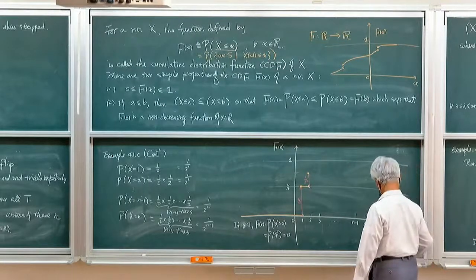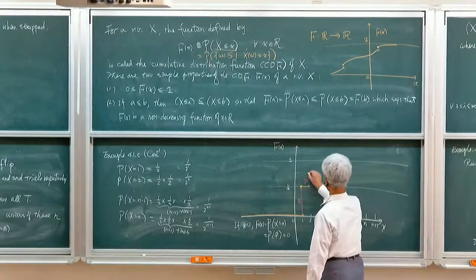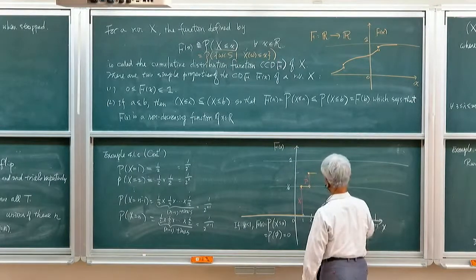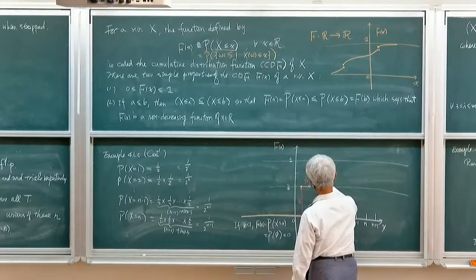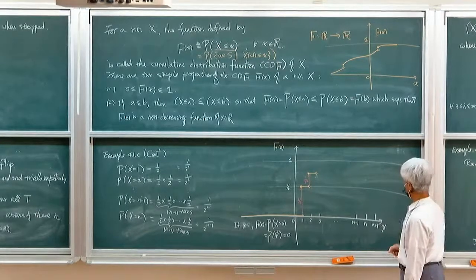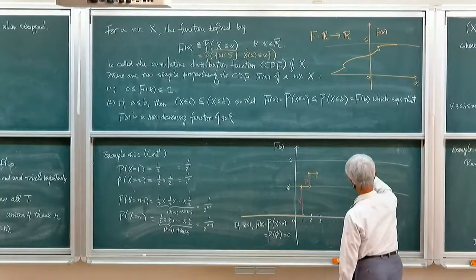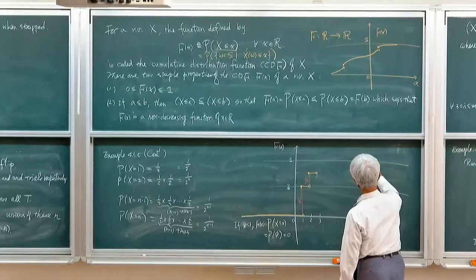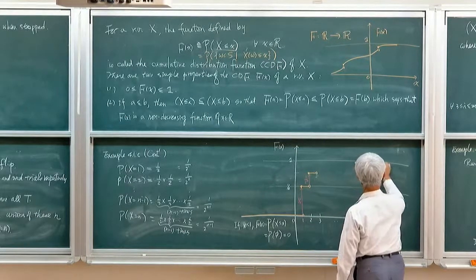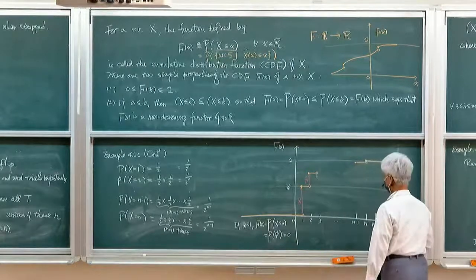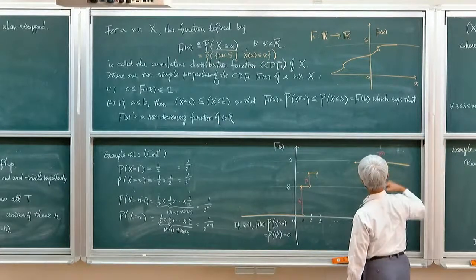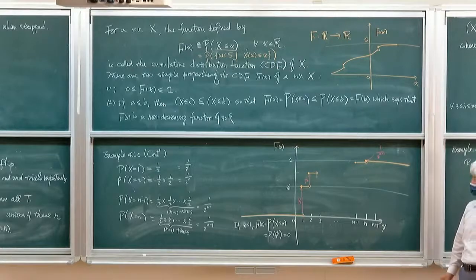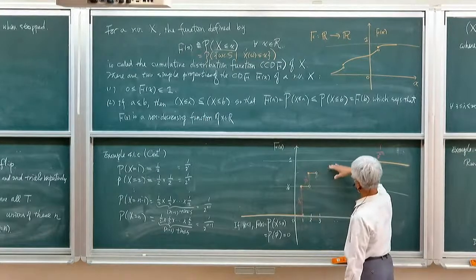You retain the same value up to here, and then from here you go up again, finally reaching 1, and the jump here is a very small number.